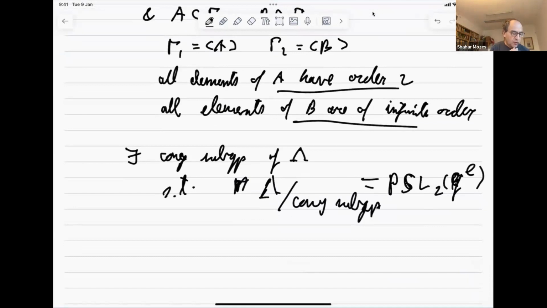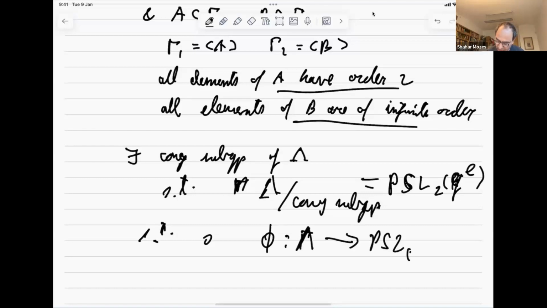Now what will happen is that you have these maps phi from lambda onto PSL2 of F_{q^e}, and e is going to grow to infinity.